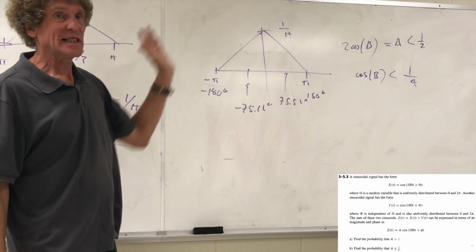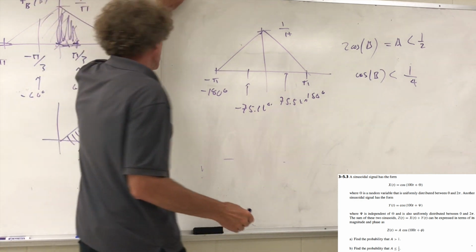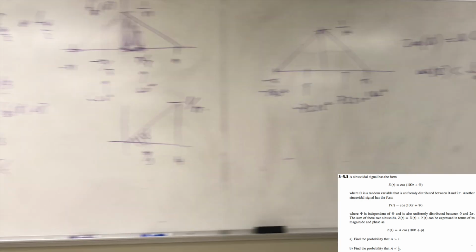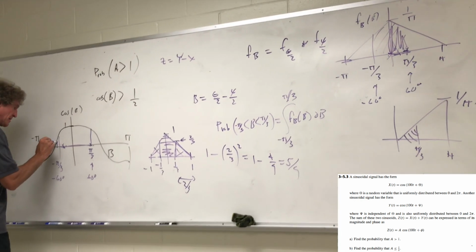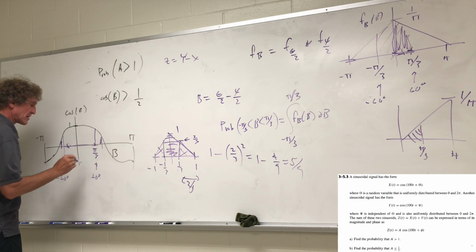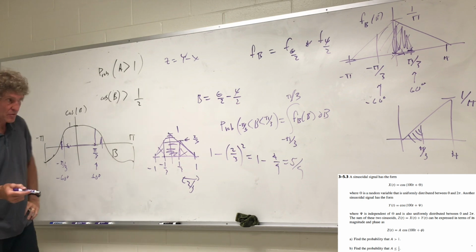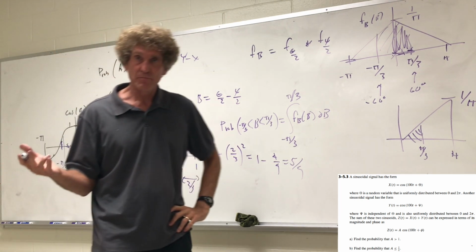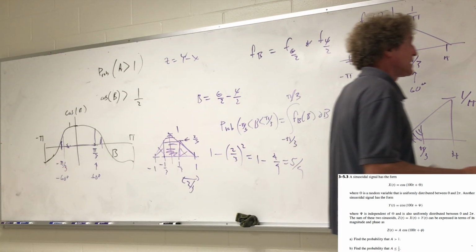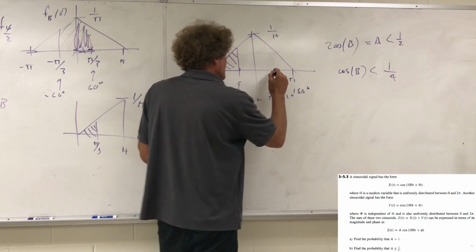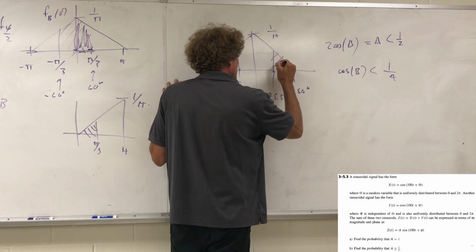And he says less than that. Well, if you think about the cosine function, if it's less than that, we have to move out a little further and come to about here and here. What we need to do is figure out the probability of the angle less than minus 75.52 degrees or greater than 75.52 degrees. That would be this area added to this area right here.